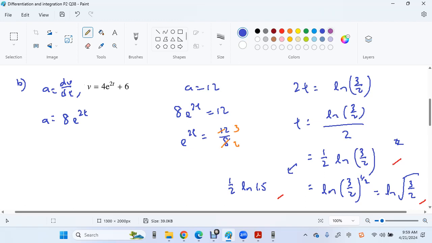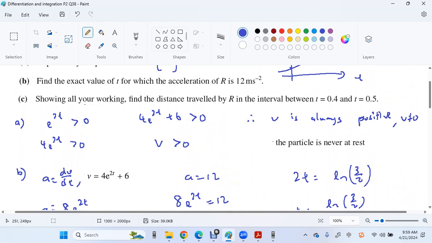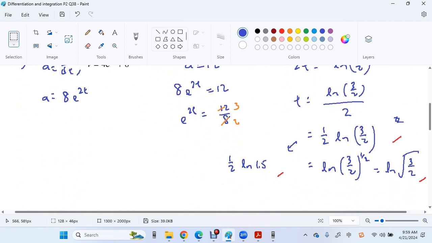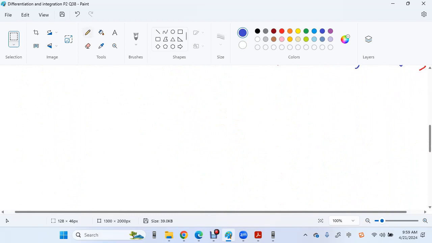Then we look at part C here. Show all your working, find the distance travelled by the particle in the interval between 0.4 and 0.5. We want to find the distance travelled, so that is the integration, the area under the graph. So s is the integral of v dt, and v is this.